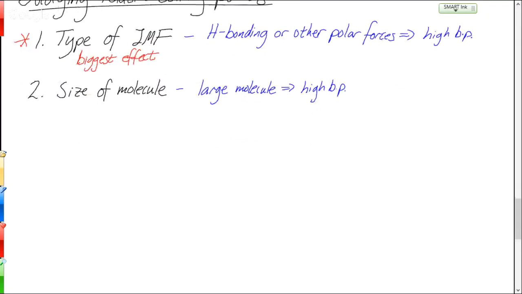Okay, here's two molecules that are the exact same size, made of the exact same atoms. And we're going to decide which one has a higher boiling point than the other. So these are kind of big molecules, big organic molecules.